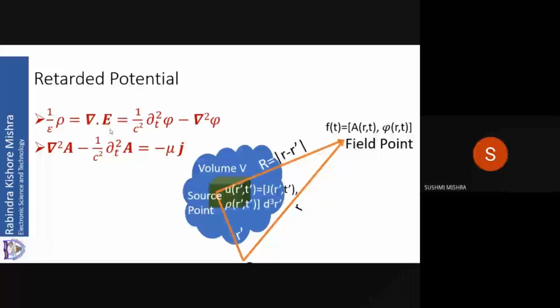The relationship between r dash and r is r dash equal to r minus c upon r.